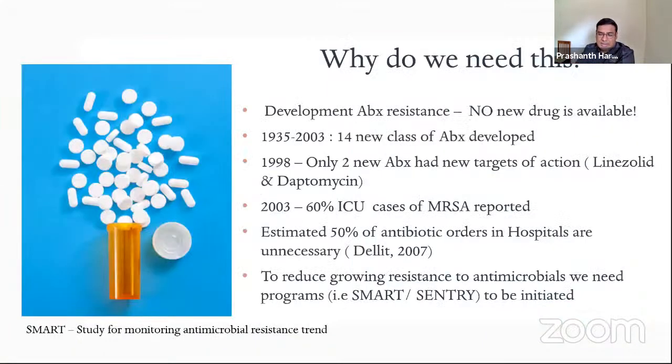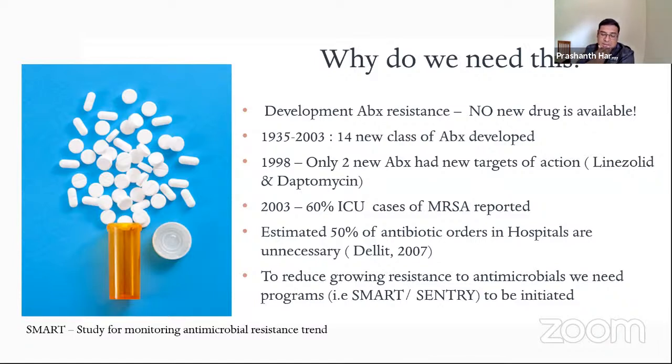So why are we really concerned about this? What is the resistance that you're talking about? Is there a real resistance? What is the real problem? If you look at the timeline, going back 50, 60 years, after the invention of penicillin, newer generations of penicillins and newer groups of antibiotics were developed.